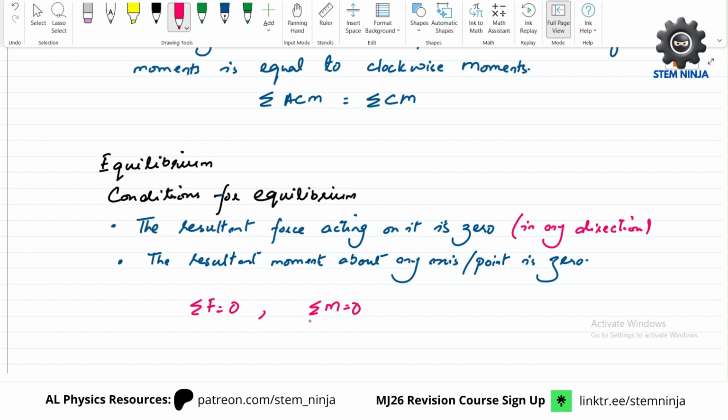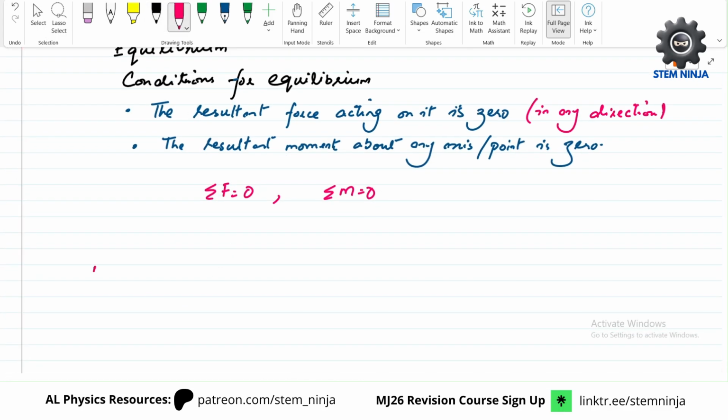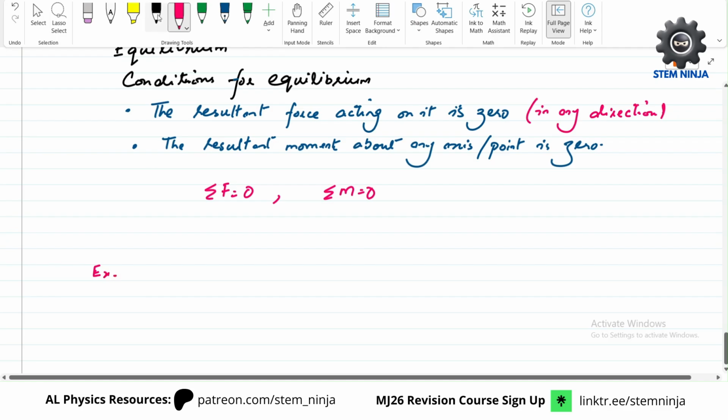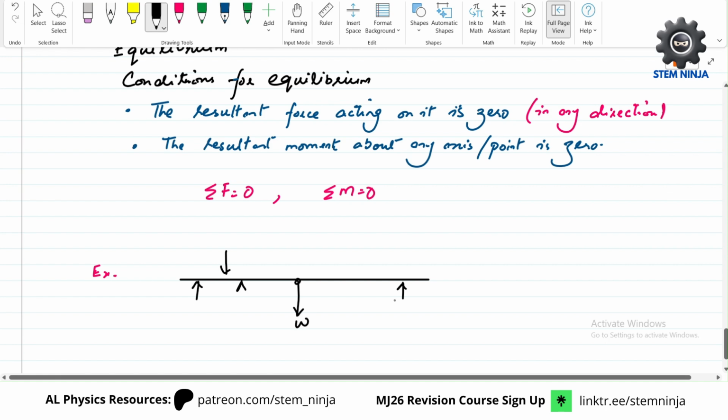Right. Okay. Now, how does this work for different cases? You have to remember that even when we're dealing with moments cases, we might have scenarios where we have multiple forces acting. Let's say this is the pivot and this is the weight acting on this.